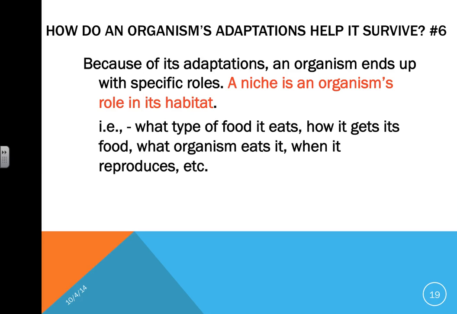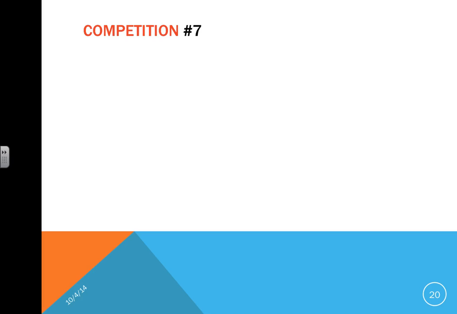For example, it could include what type of food it eats. Maybe that's the job. Birds eat insects, so its job is to keep the insect population under control. It could be how it gets its food, what organism it eats, when it reproduces. All of these things are things that organisms do in their environment, and that's called its niche.